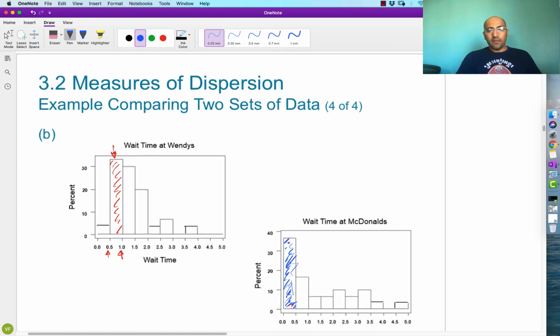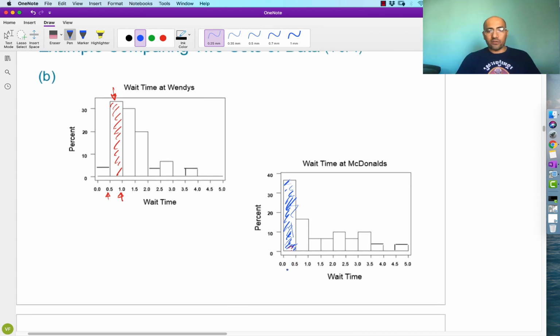It's showing that a large proportion of our sample values are going to lie on this little region from 0, meaning that there was no waiting at all. You just walked right in and you got service right away, up to this one, which is half a minute. Okay, so that's why it's the tallest.